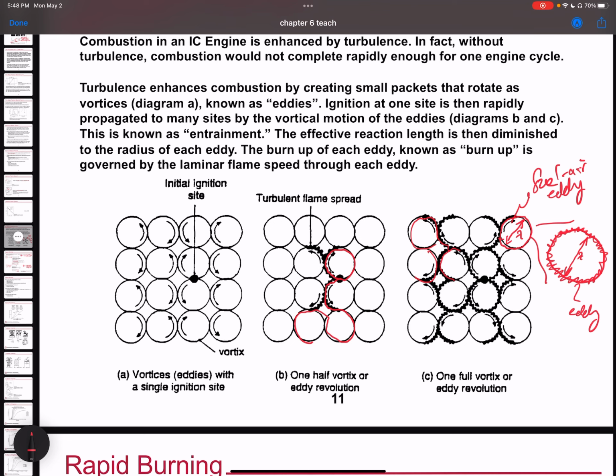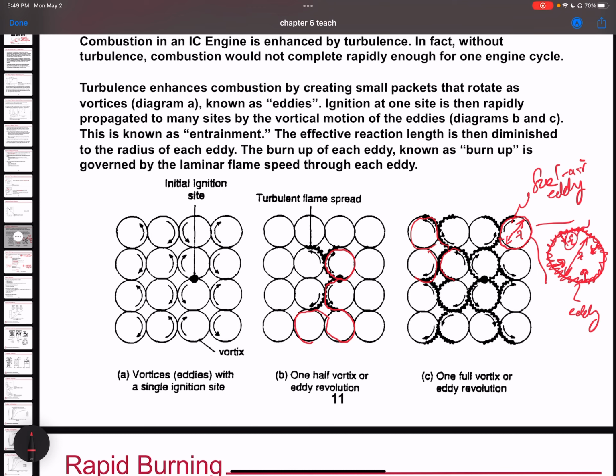And this flame is going to burn inward and basically consume this eddy from the outer diameter in at the rate of the laminar flame speed. Okay, so that flame is basically going to move and consume this entire eddy from the out to the in at the rate of the laminar flame speed, right?